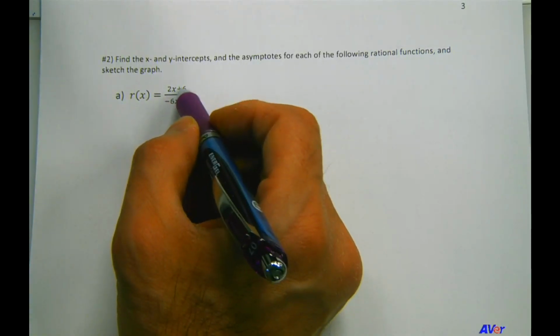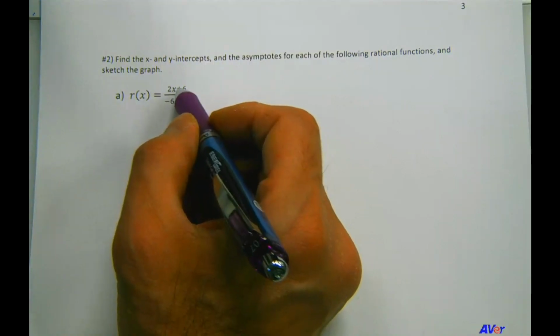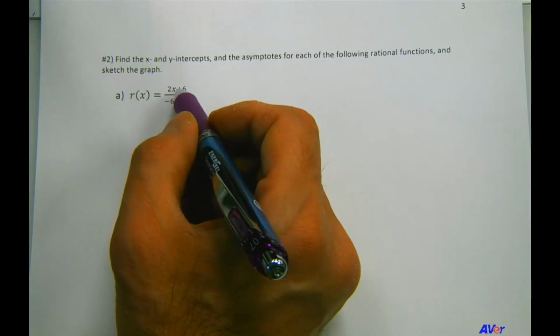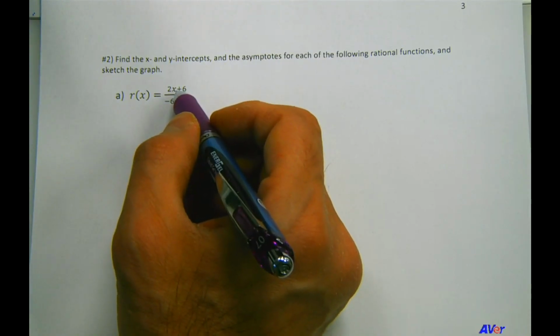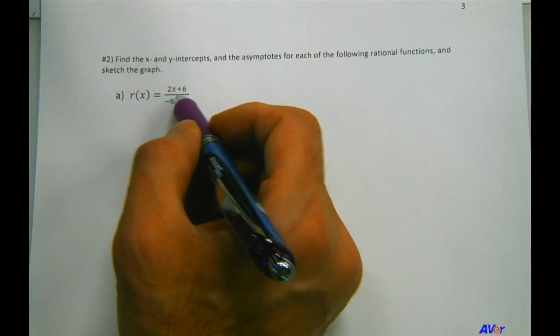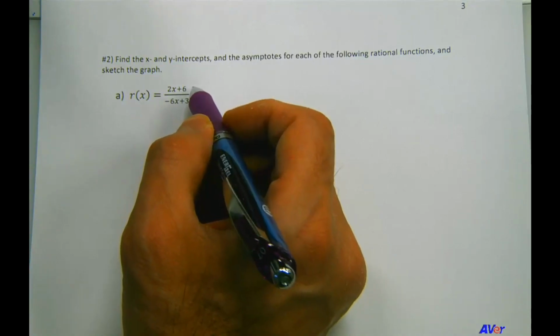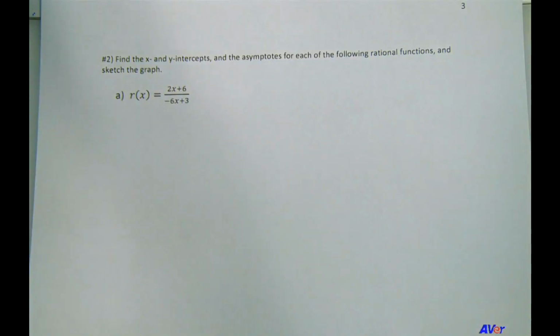Where factoring would be very critical is if you can break up either this or the expression in the denominator into 2 binomials. So x plus 3 times x minus 3, something like that, or x plus 6 times x plus 2, or x minus 2. If you can factor the expression like that, that would be critical to do, because with that you could find the intercepts easier. That's all.